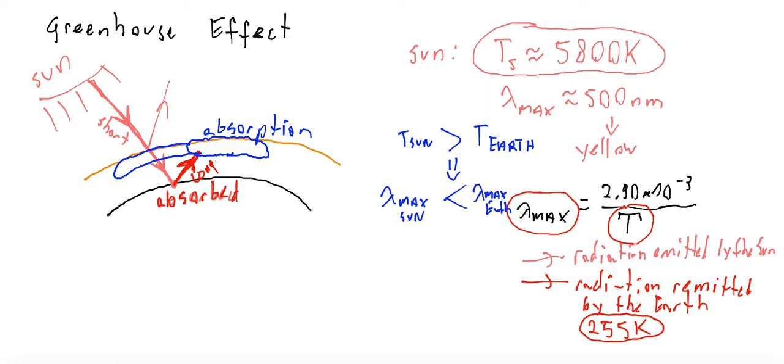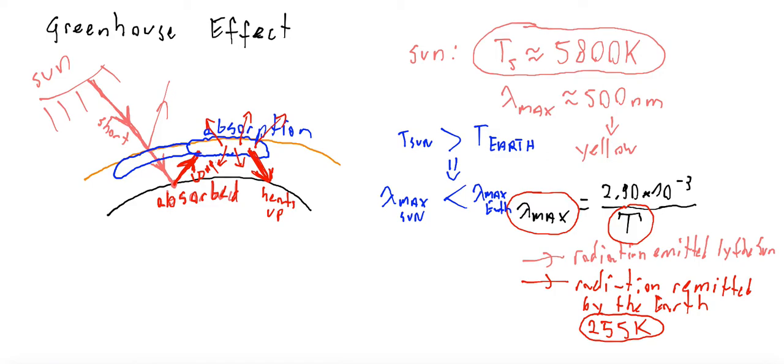So let's look. If there is absorption, there must also be emission. So this emission, which is absorbed by greenhouse gases, is emitted in all directions. What does it mean? It means that part of this radiation travels back towards the Earth and heats up the Earth again. Is it clear?